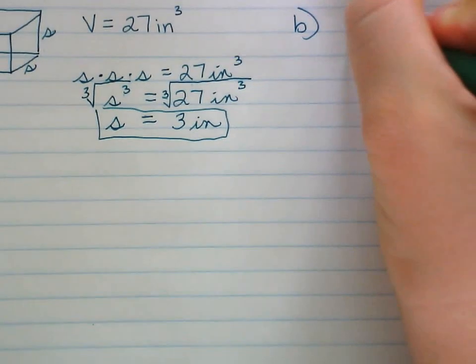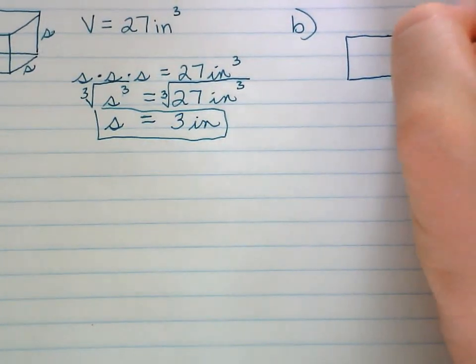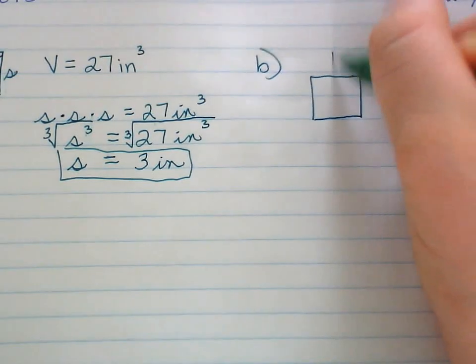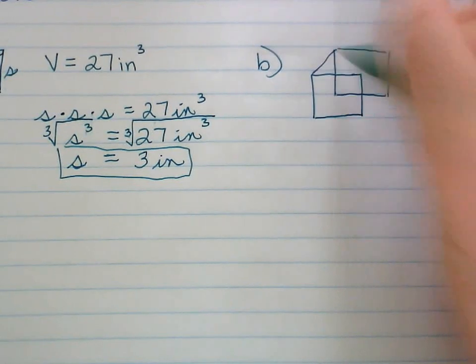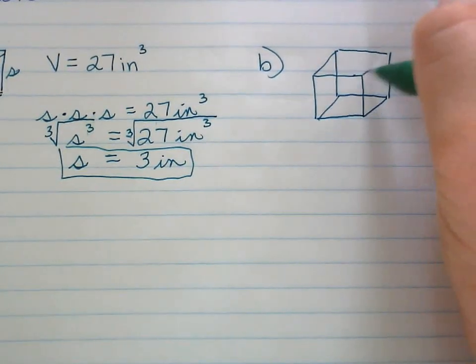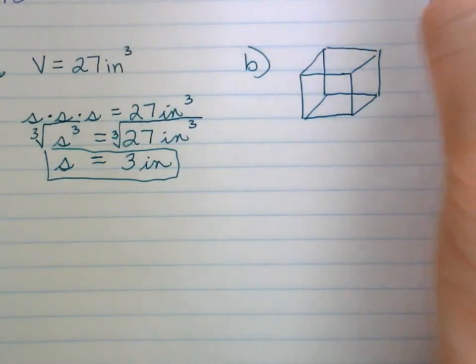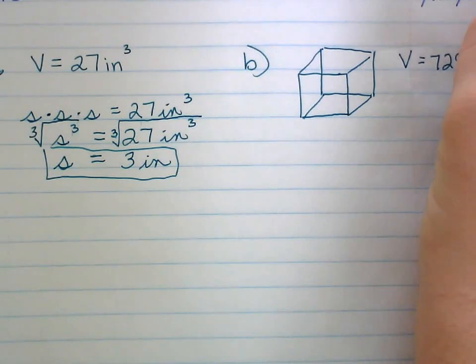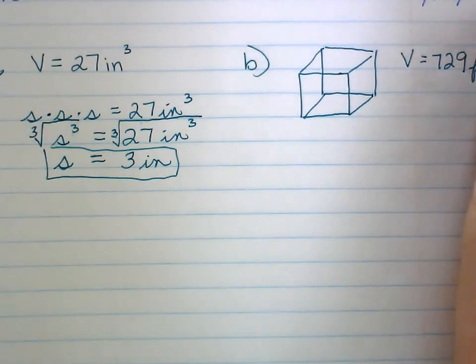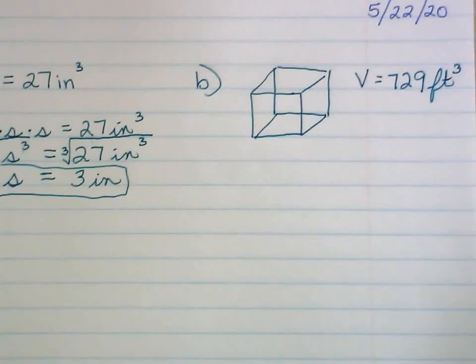We have another cube, so let's draw our cube. Alright, so this time it has a volume of 729 feet cubed.